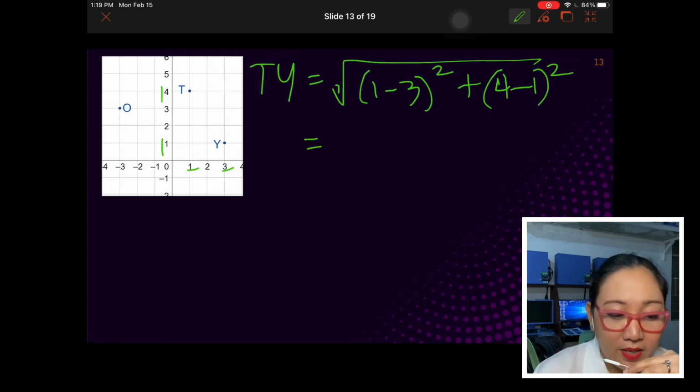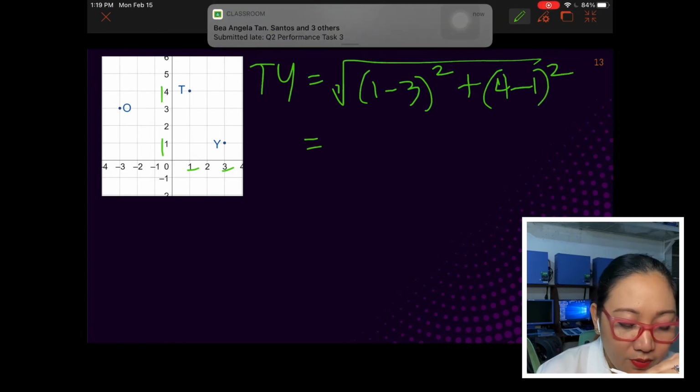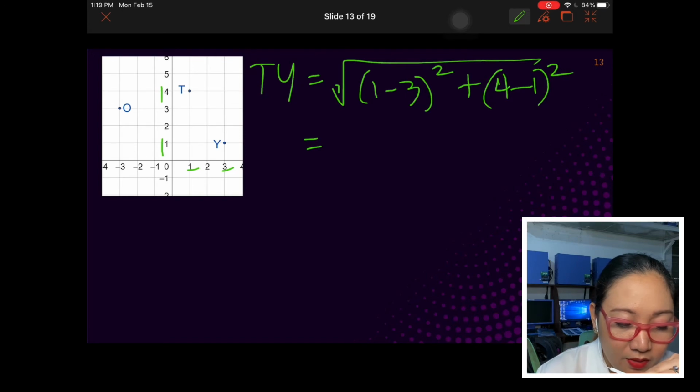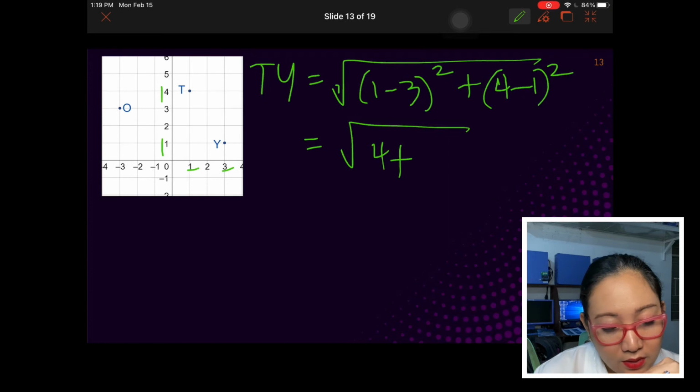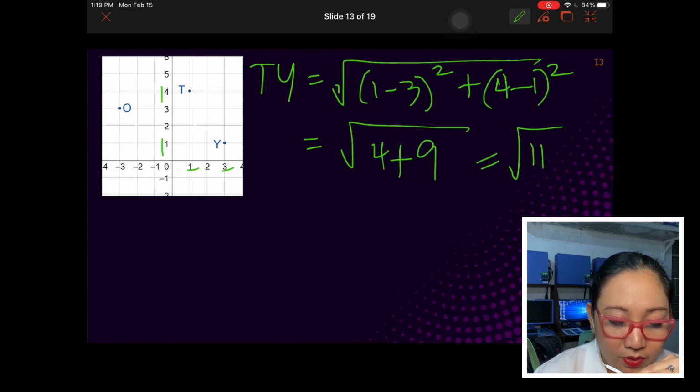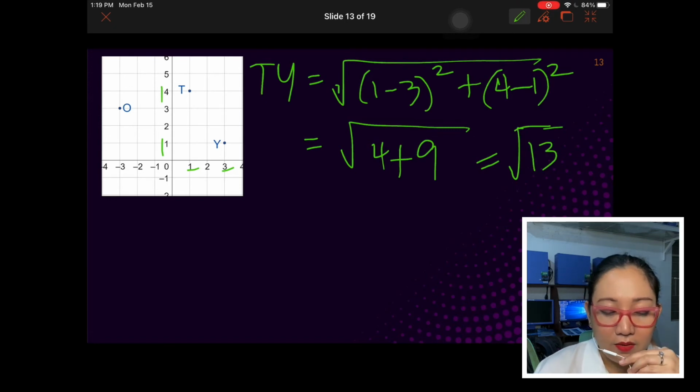If we solve this, we get 4 plus 9. That gives us square root of, not square root of 11, square root of 13. So, this is your first value, square root of 13.